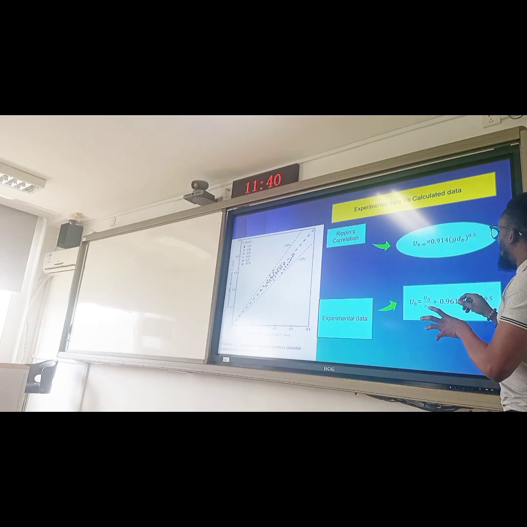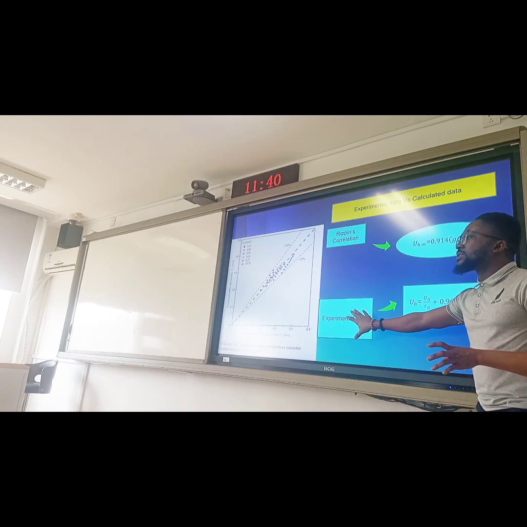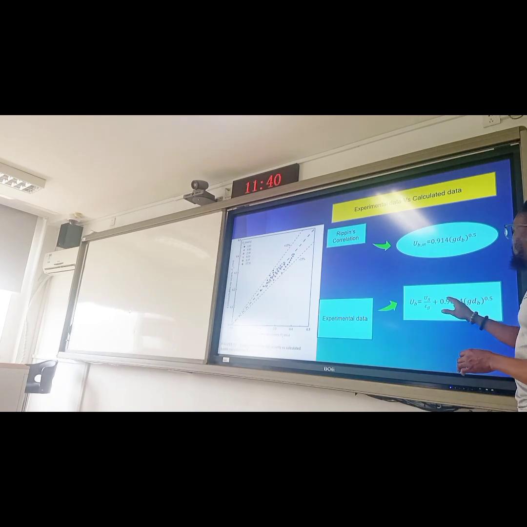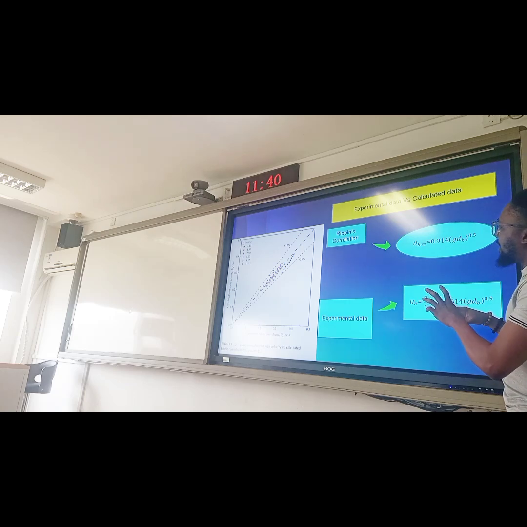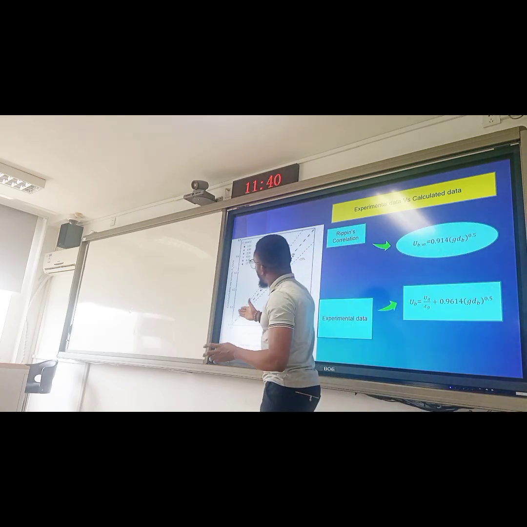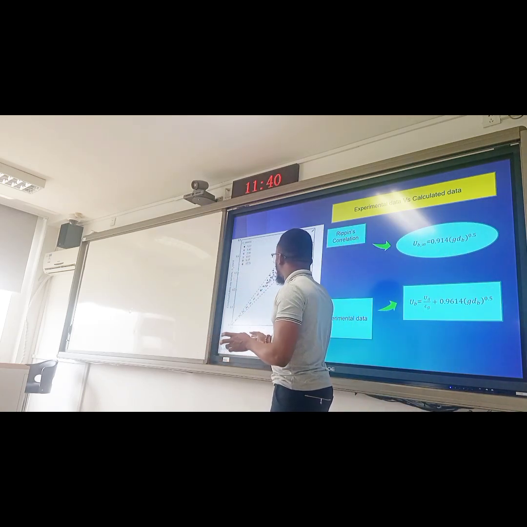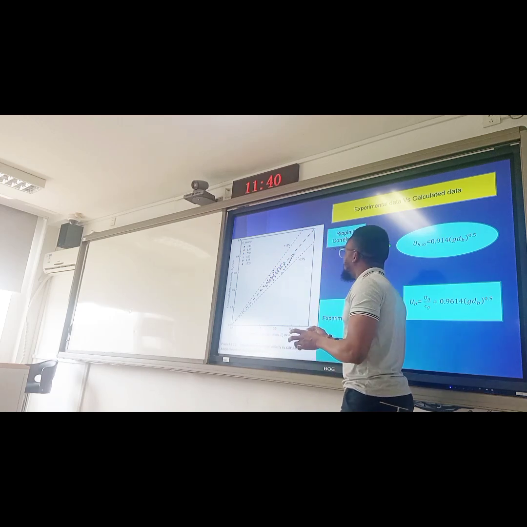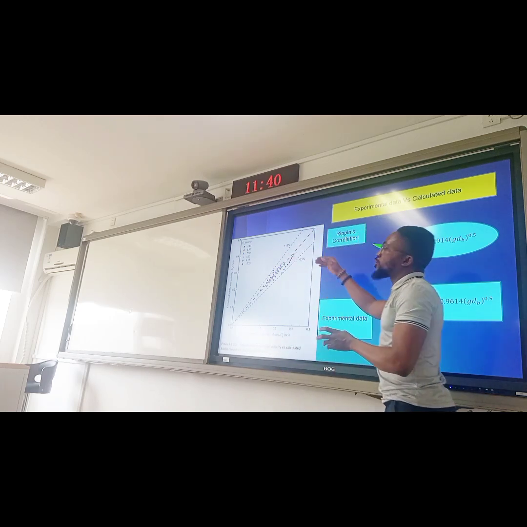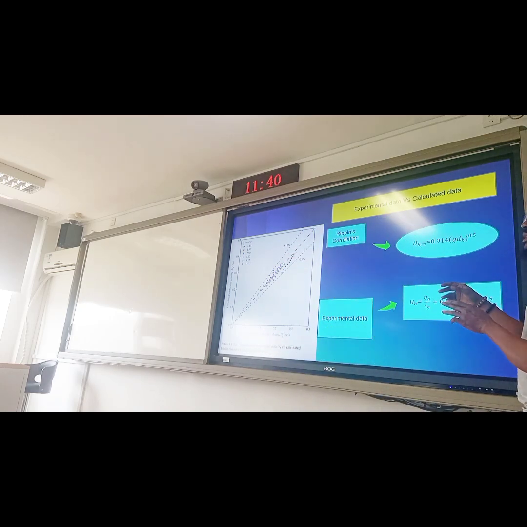Now, how did they do that? From their experiment, they got a K value of 0.9614, which was close to Rapin's correlation theoretical value of 0.914. Then they plotted the correlated bubble rise velocity against the experimental velocity and got an error of plus or minus 15%.